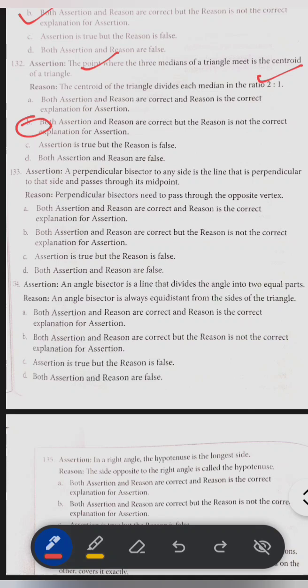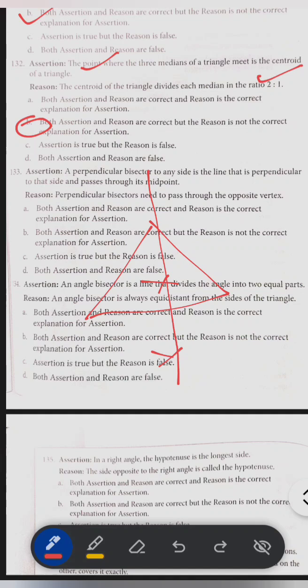A perpendicular bisector needs to pass through the opposite vertex.